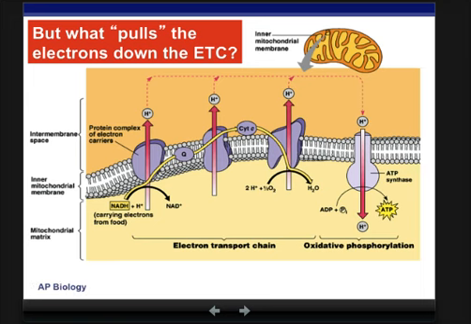We don't want to use ATP. So what's pulling it is oxygen. Oxygen is two oxygen atoms that are looking for electrons, and they're going to be pulling the electrons through the transport chain.